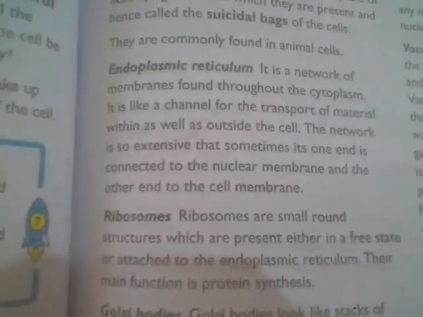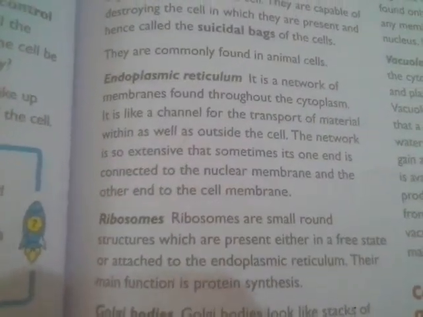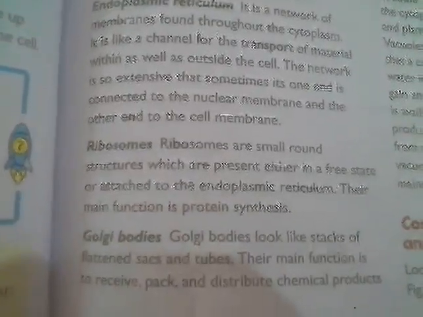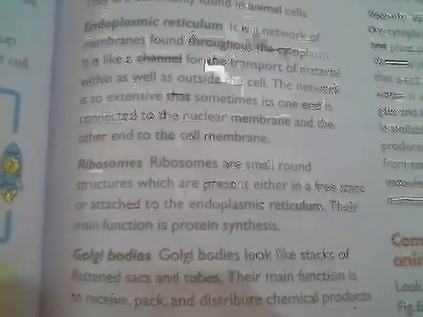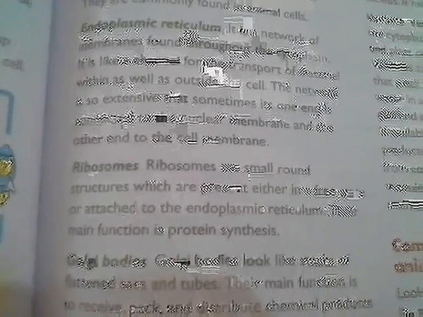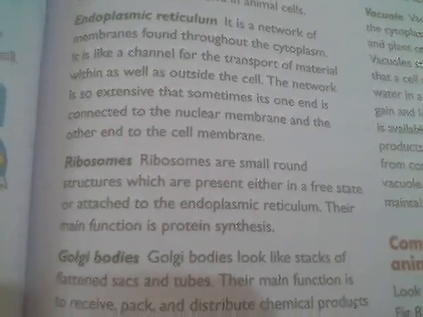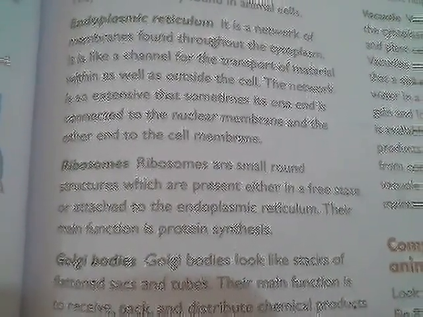If something has to be transferred into the nucleus, it is transferred through this endoplasmic reticulum. Next are ribosomes. Sometimes we see that ribosomes are attached to the endoplasmic reticulum or they are free. The main function of ribosomes is protein synthesis.